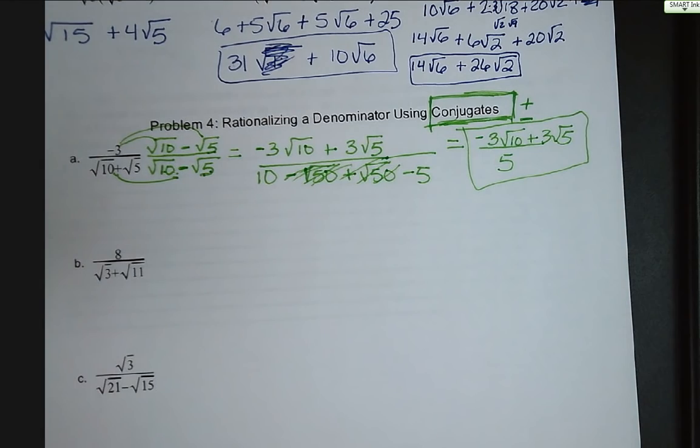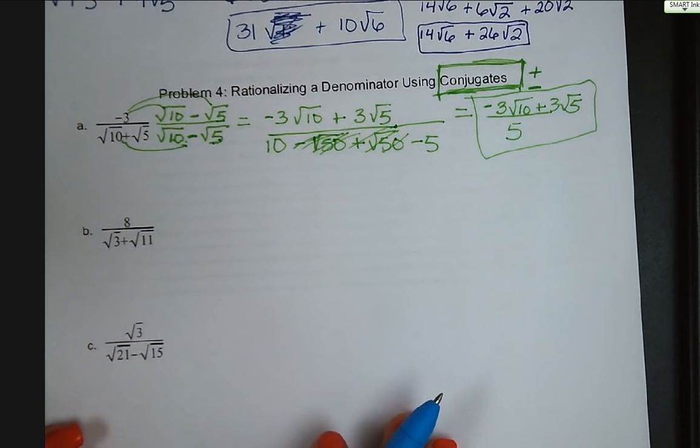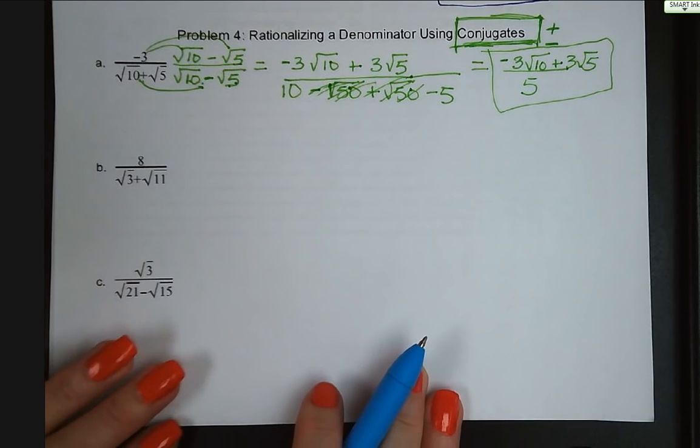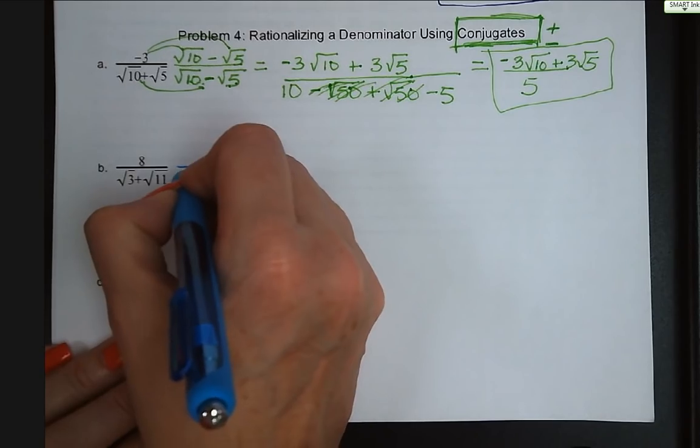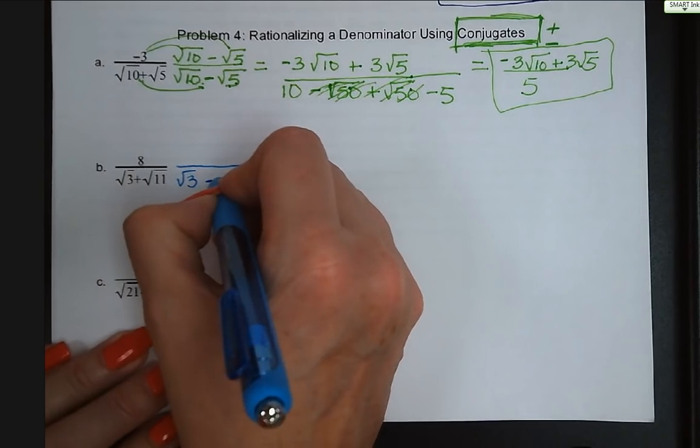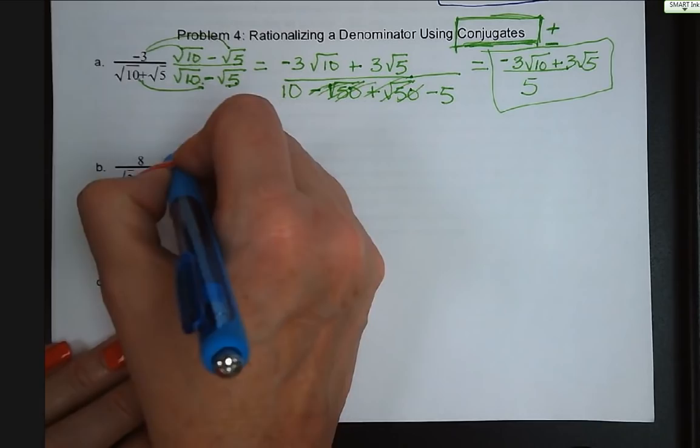Okay. Letter B, we're multiplying by square root of 3 minus square root of 11, because that would be the conjugate to square root of 3 plus square root of 11.